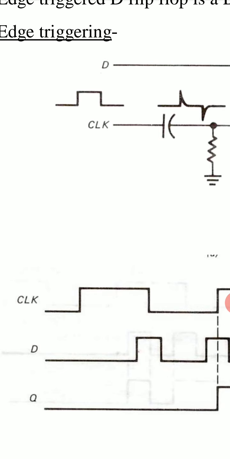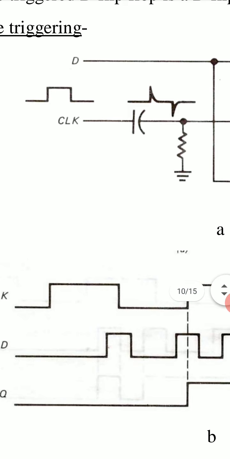So we see that if time constant of this RC circuit is very small compared to the width of this clock signal, then the capacitor of RC circuit charges fully when this clock signal goes from 0 to 1, or when its rising edge comes.